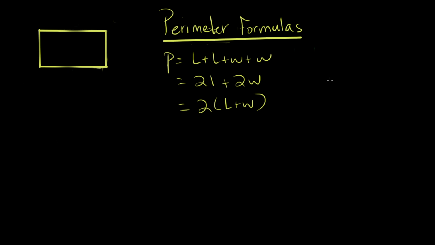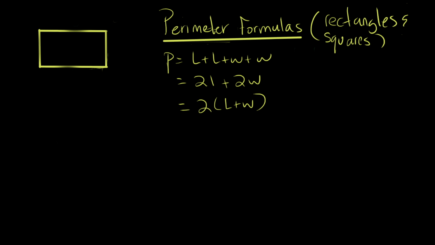Let's say that we're doing this for rectangles and squares, because there's perimeter for triangles, there's perimeter for circles, there's different shapes that you can find perimeter for. So we're going to just focus on rectangles and squares because those tend to be the first ones that you will come across as you begin to learn this geometric concept.